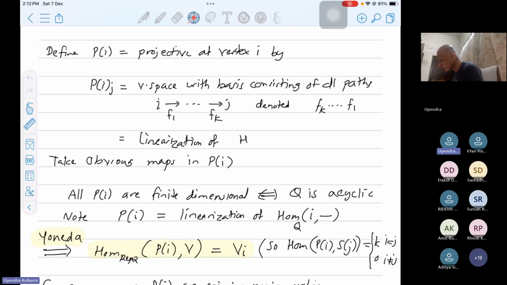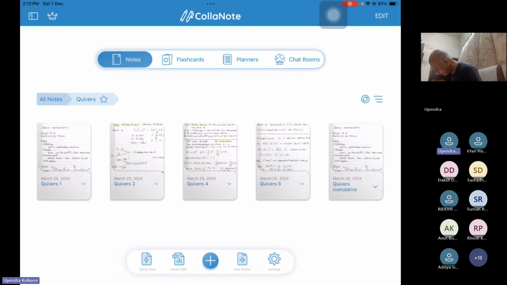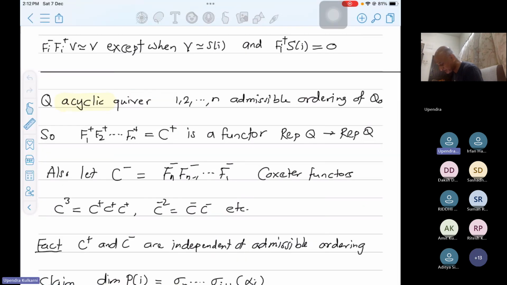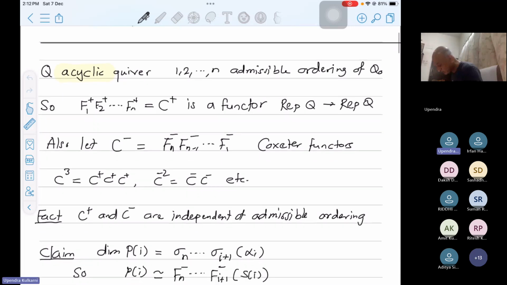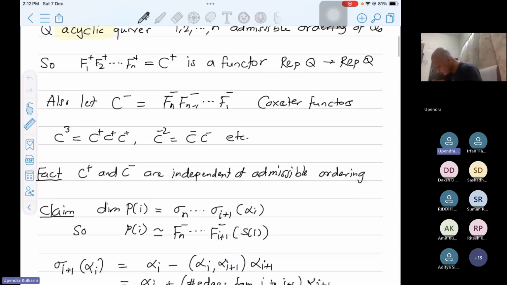Okay. So let's go back and prove another key description of this representation PI. My claim is that the dimension vector of PI is precisely going to be obtained by taking the basis vector at I and then applying the reflections sigma I plus 1 up to sigma n in that order.